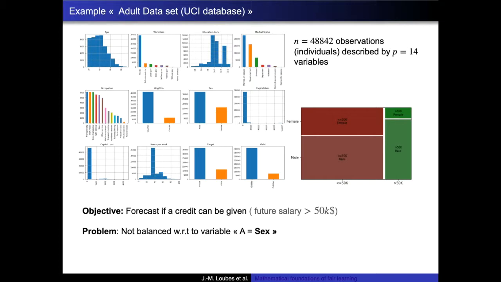If you look at the data, very quickly, you see that the data is not balanced. That means that the proportion in green of females who have a high salary is a lot smaller than the proportion of males with high salary. So you may have the intuition that if you're going to learn why someone has a possibility of having a high salary, then it should be susceptible to be biased with respect to this variable.